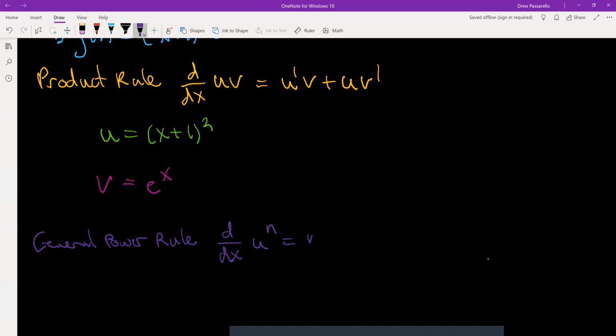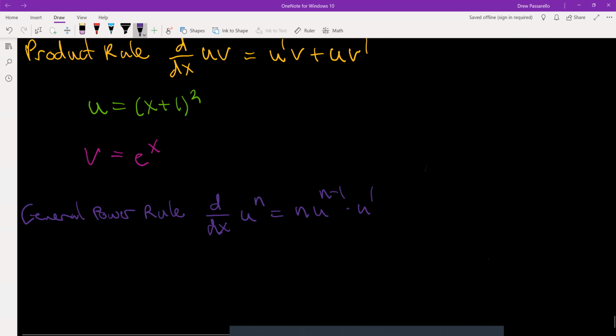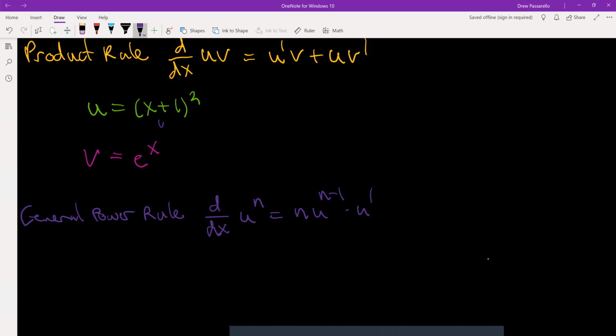So that's n times u to the n minus 1 times u prime. In this case, my u can be considered the x plus 1, so the derivative of x plus 1 is 1. So u prime, for this part in green, by the general power rule, I drop down the 2.